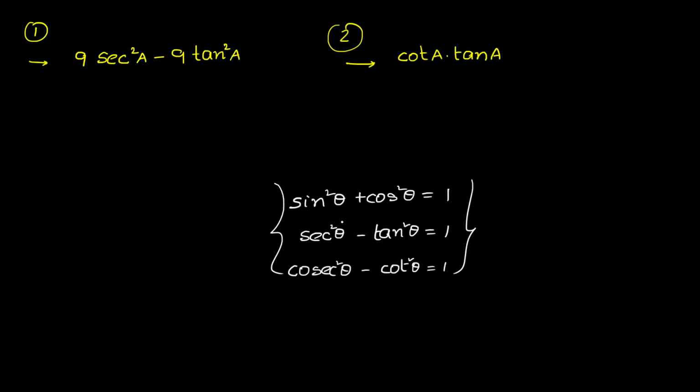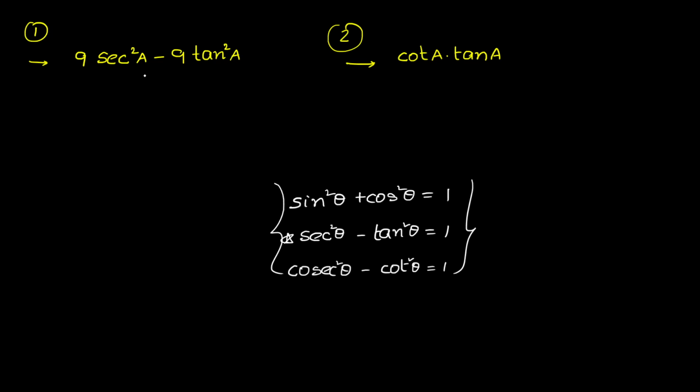Now see here, whenever you see the question 9 secant square A minus 9 tan square A, the first thing that should come to your mind is the second identity, secant square theta minus tan square theta is equal to 1, and this looks very similar to that.